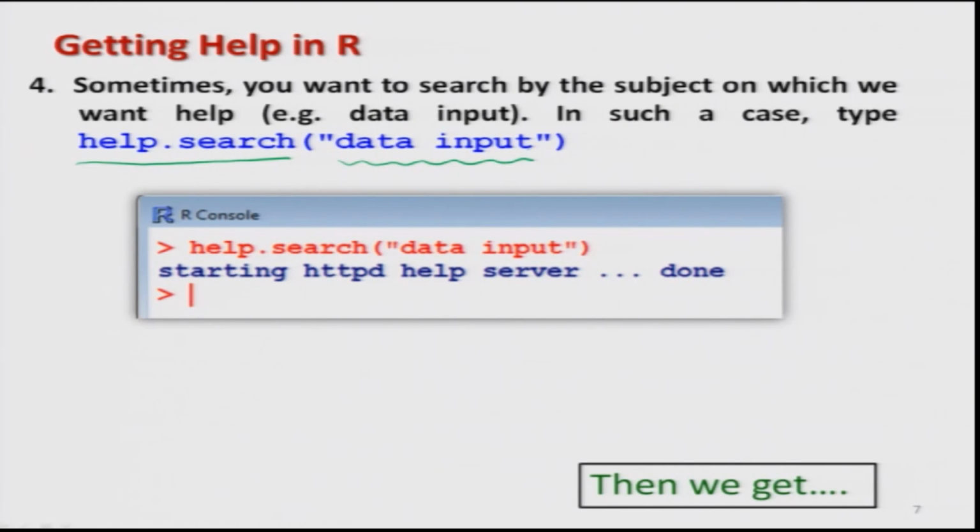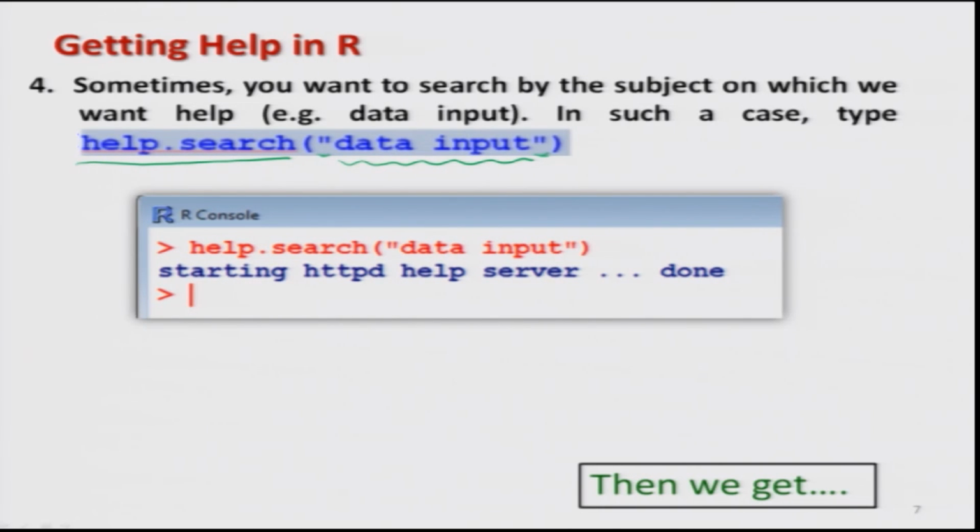Suppose I do not know the different ways of data input and so on, but I have some vague idea that I want to input the data. So in very simple language, I write help.search, and inside the bracket with double quotes, I write data input. So now let us try to do it here.